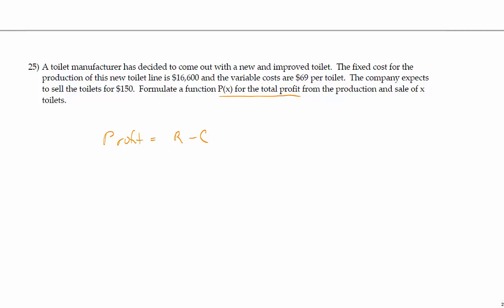Just a quick reminder, since we were selling the toilets for 150, our revenue was 150x. And then we need to subtract from this our cost. Our cost function, we had 69 per toilet, so 69x, plus our total cost, $16,600.